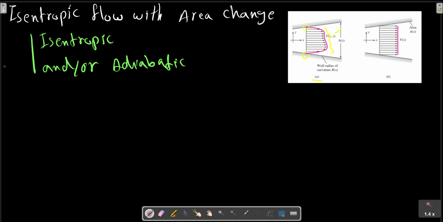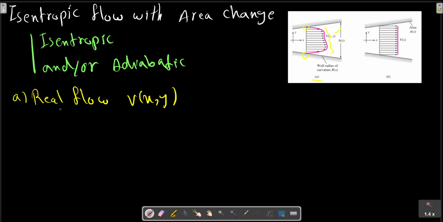If, however, the area change is small and the wall radius of curvature large, we have this relation for part A, the real flow with two-dimensional variables.